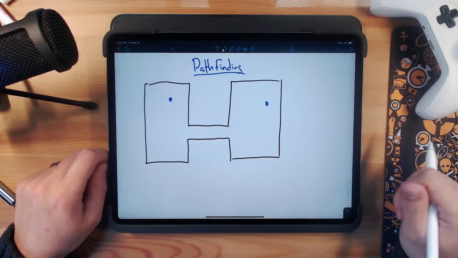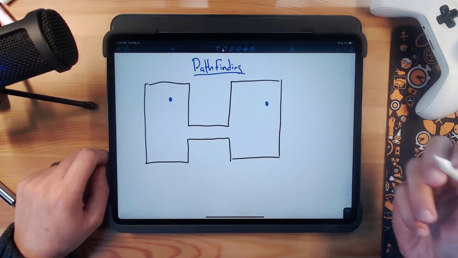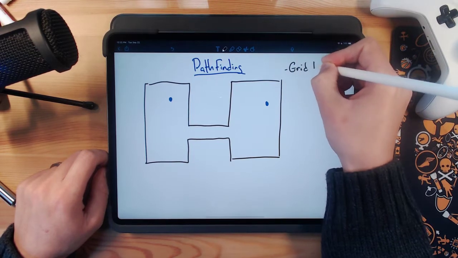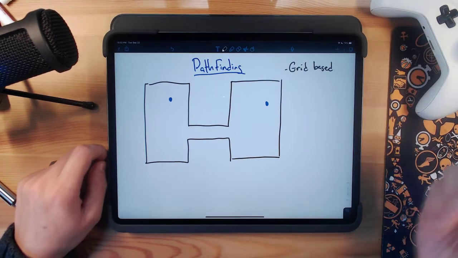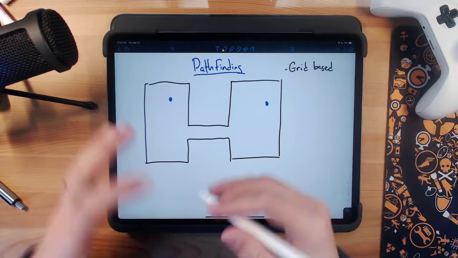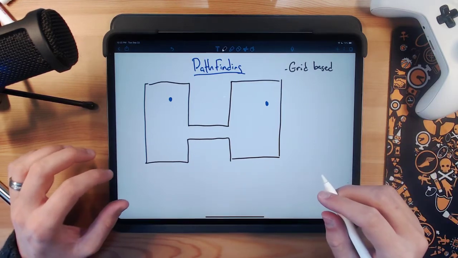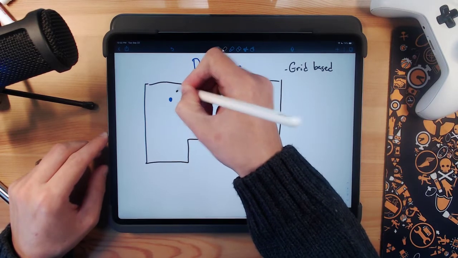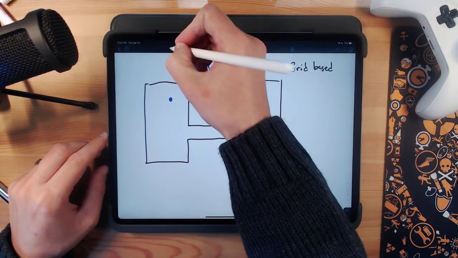One of the ways to represent a world like this is using some sort of grid-based pathfinding. Grid-based systems work by breaking the world up into a complete grid, and you would essentially have, let me draw these as small squares.